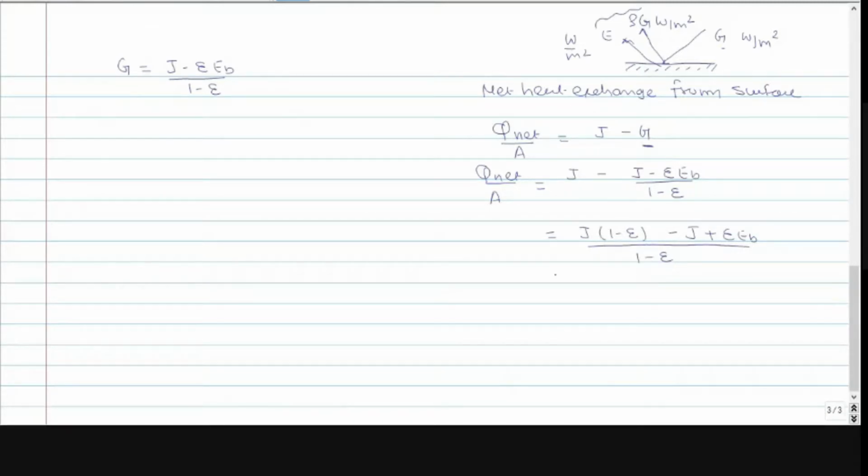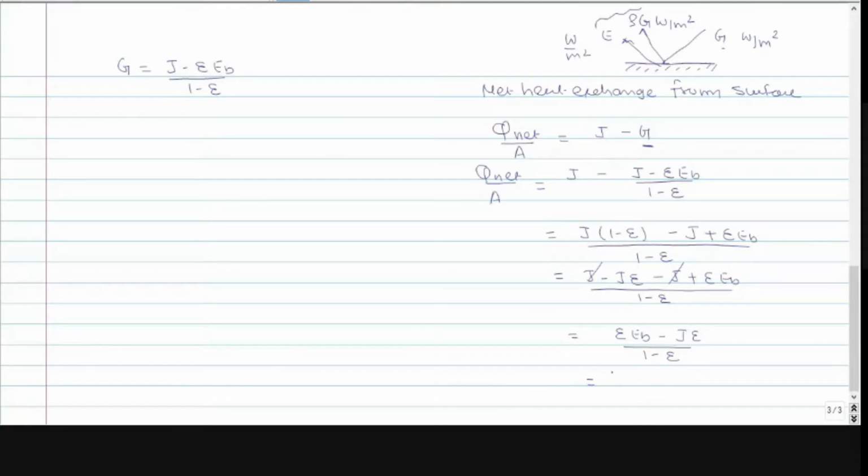Now I remove this bracket, so it becomes J minus J into emissivity minus J plus emissivity into the emissive power of black surfaces divided by 1 minus emissivity. This J cancels out and I rearrange the terms. So it is emissivity times emissive power of black surfaces minus J into emissivity, divided by 1 minus emissivity.